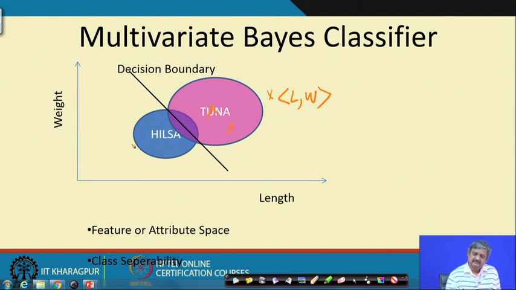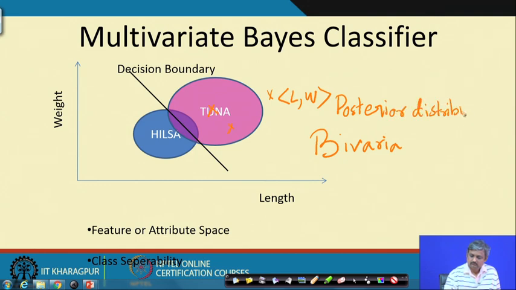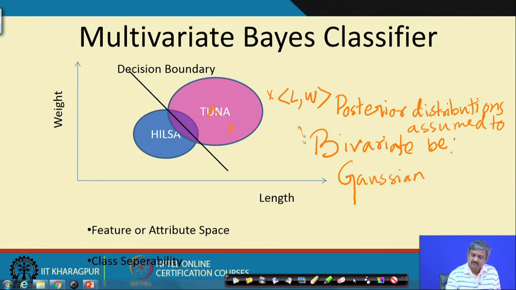Let us assume that these individual distributions are normal distributions, bivariate Gaussian distributions.